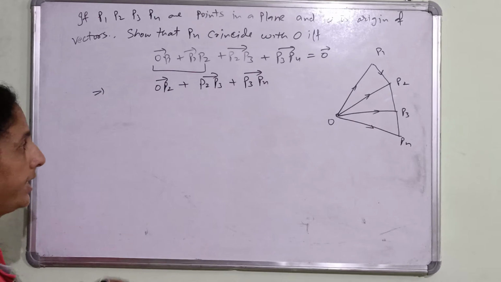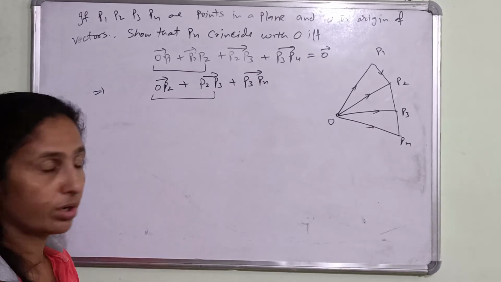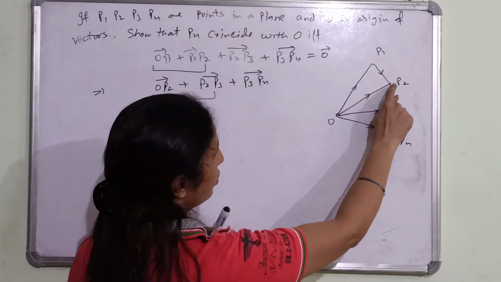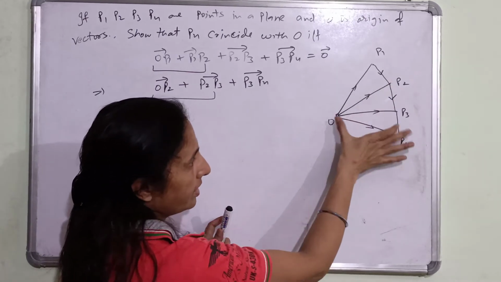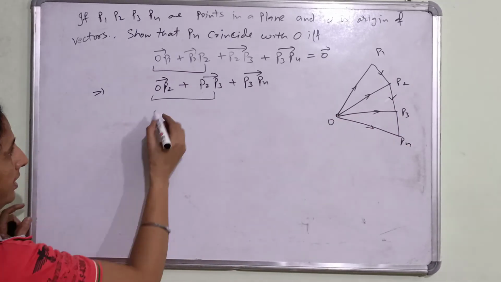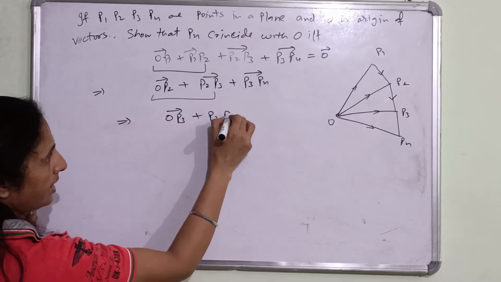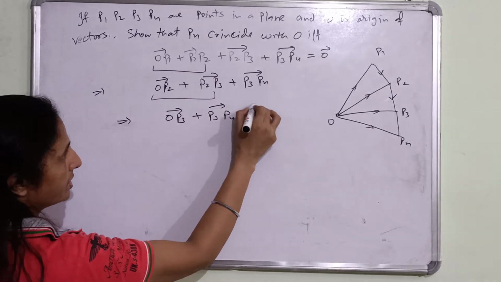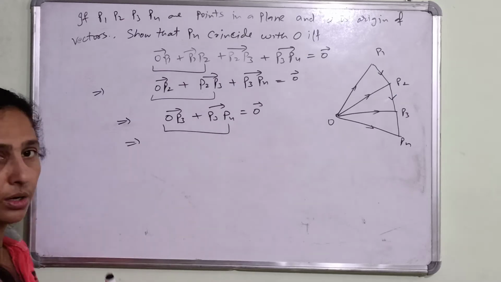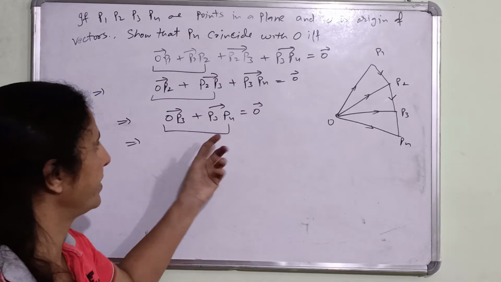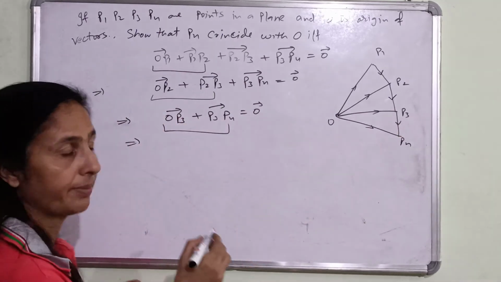Now next we use these two by triangular law again. What is OP2 plus P2P3? OP2 plus P2P3 is equal to OP3, right? It means it is OP3 plus P3P4 is equal to 0 vector. Now again apply triangular law on this also. OP3 plus P3P4 is equal to OP4.